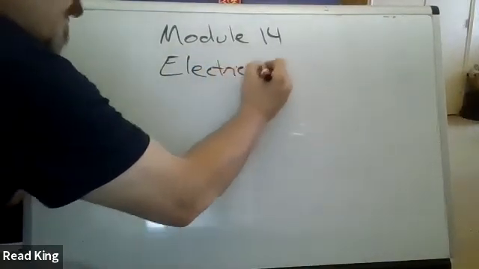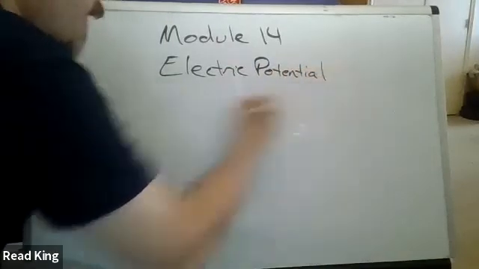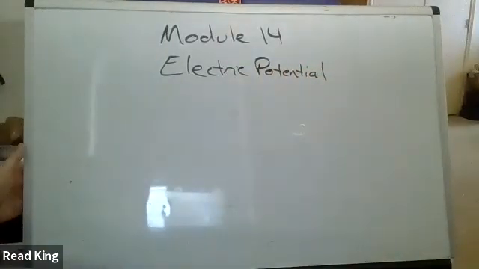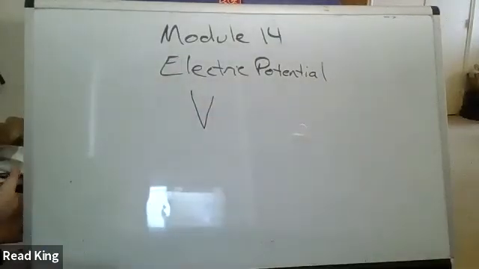The first thing we're going to talk about is electric potential. And we get an equation for this. We're going to call the electric potential V. That'll make a lot more sense in a little bit.